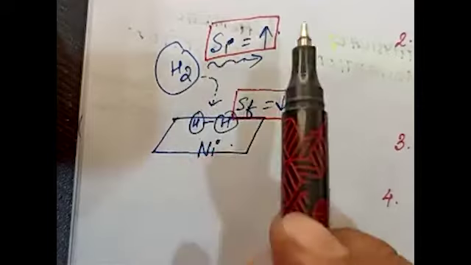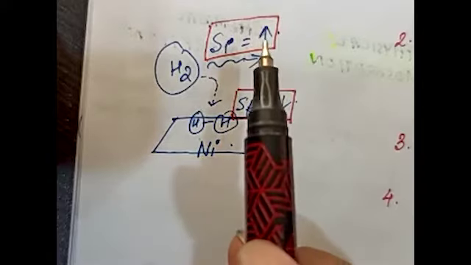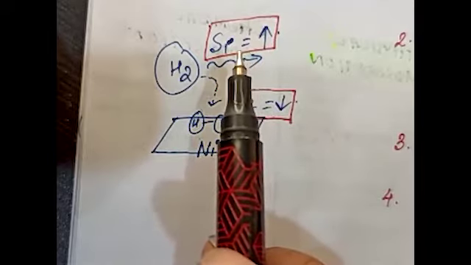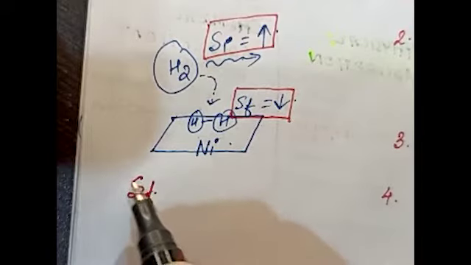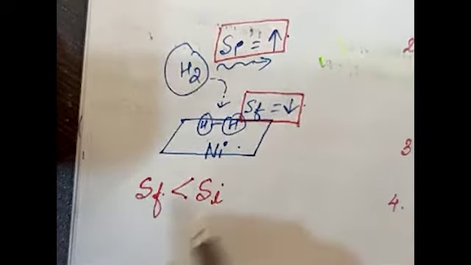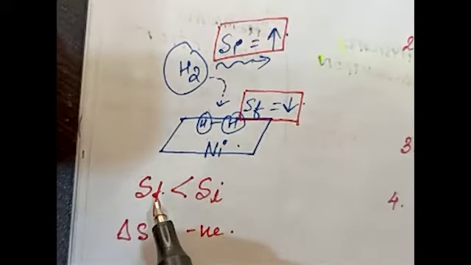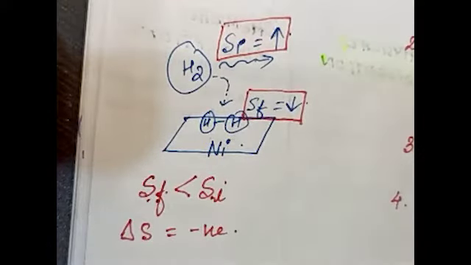सपोज एक बच्चा है जो बहुत ही भागा दौड़ी कर रहा है एंड ए स्ट्रिक्ट टीचर एंटर्स द क्लास एंड द चाइल्ड कैन नॉट मूव एनीवेयर एनीमोर, ही इज सिटिंग इन वन प्लेस। सो व्हाट हैपेंस, हिज डिसऑर्डरनेस डिक्रीजेस, हिज रैंडमनेस डिक्रीजेस, ही बिकम्स मोर ऑर्डर्ड, ठीक है। तो अगर इनिशियली एस एफ मतलब फाइनल एंट्रोपी इज लोअर देन इनिशियल एंट्रोपी, तो चेंज इन एंट्रोपी क्या होगा? चेंज इन एंट्रोपी विल बी नेगेटिव, बिकॉज चेंज इन एंट्रोपी इज फाइनल माइनस इनिशियल, तो फाइनल कम है, इनिशियल ज्यादा है, सो अल्टीमेटली डेल्टा एस विल बी नेगेटिव। फाइन। अल्टीमेटली द वैल्यू ऑफ डेल्टा एस विल बी नेगेटिव। व्हाई?